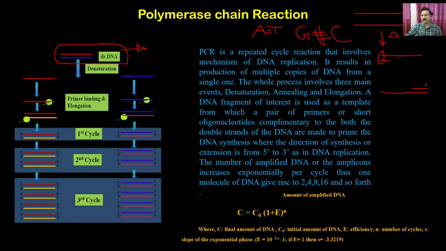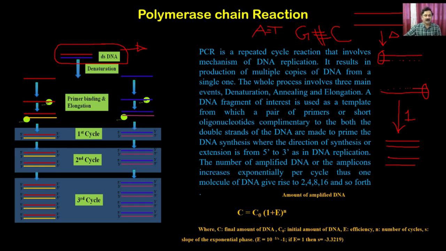One enzyme will sit on this, one enzyme will sit on this, and that's how the enzyme will start adding the nucleotides in this direction. This enzyme will start adding the nucleotides in this direction, and that's how after one cycle, since you started with one template, you end up with two templates. One is your parent DNA, the other one is the synthesized DNA.